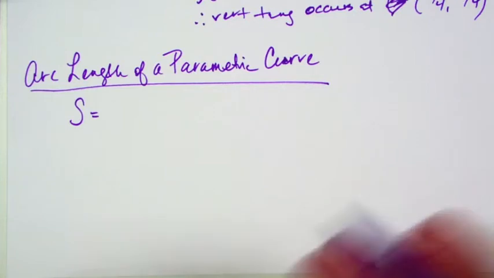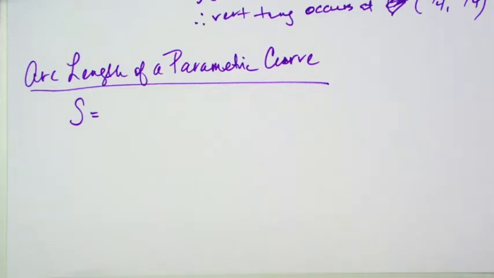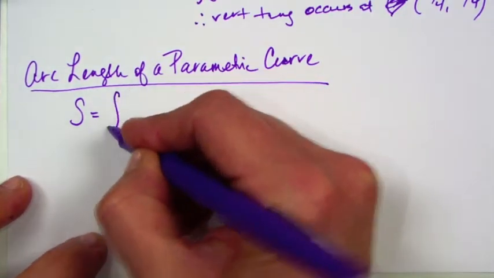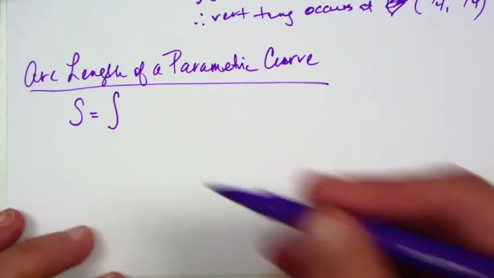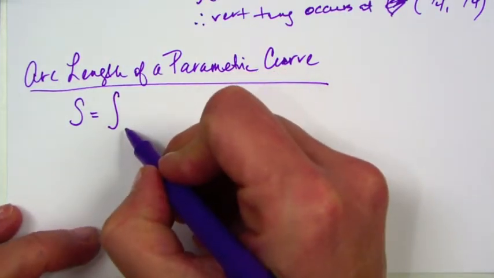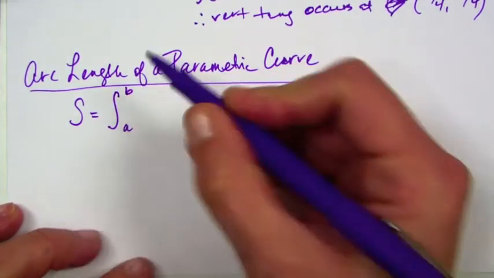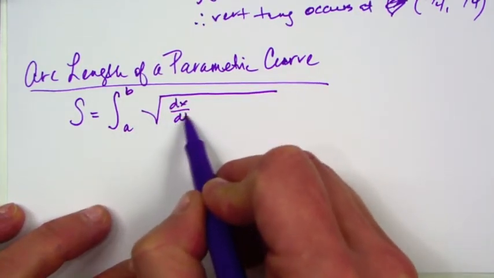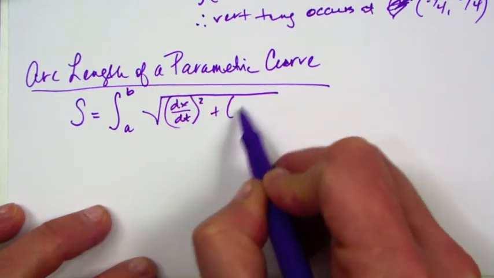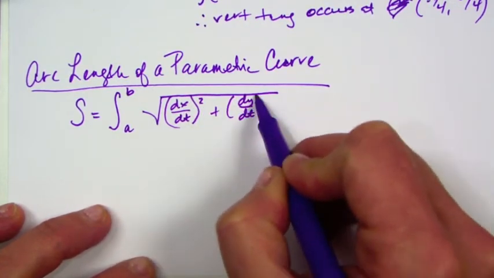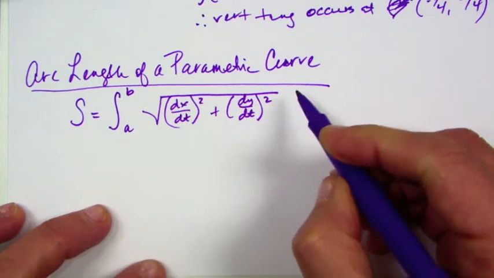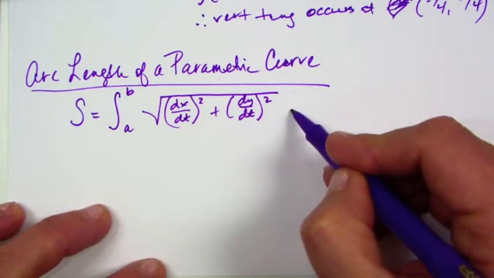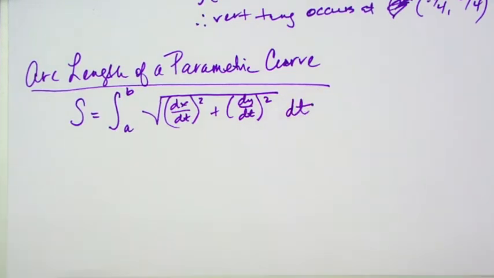In books, they typically pick something else since we're talking about a different kind of function, but no big deal if you use L for arc length. So what we would be saying here is that S is equal to the integral from A to B of the square root of dx/dt squared plus dy/dt squared. And what's my variable of integration? dt, right?